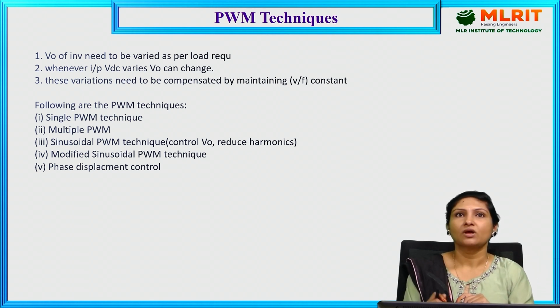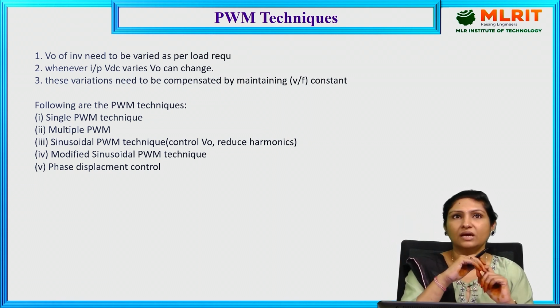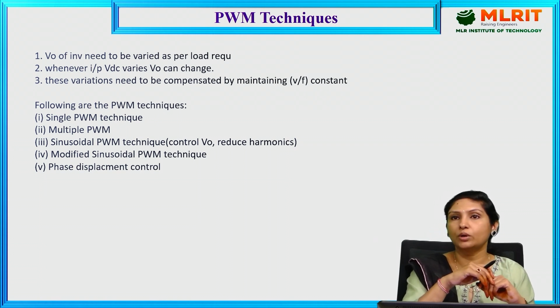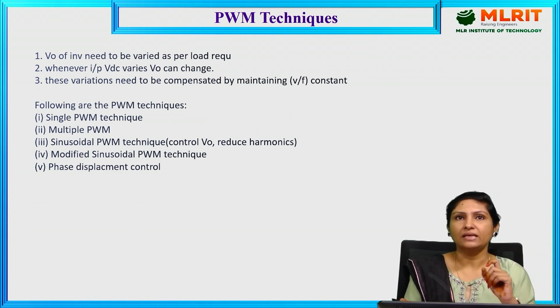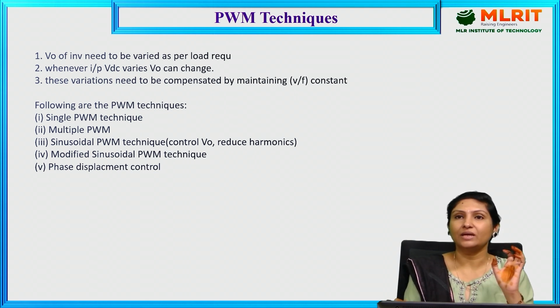And here, the output of the inverter may vary. The output of the inverter needs to be varied as per the load requirement. And whenever the input DC is varied, the output can also change. This output voltage needs to be maintained constant, and we need to take care of these voltage fluctuations.